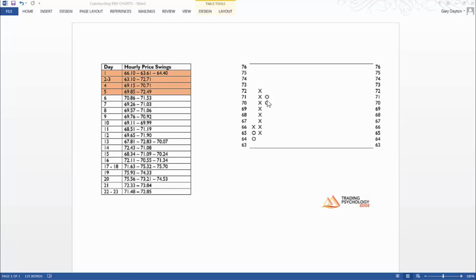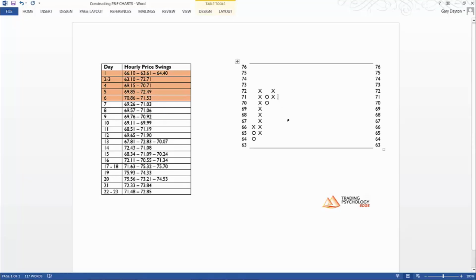Therefore, we've already got a figure at 71, so we start a new column. And we go up 71 and back up to 72. The market does go a little higher to 72.49, but it doesn't reach or exceed 73, so we stop at 72 for the day. The next day, the market falls back to 70.86.